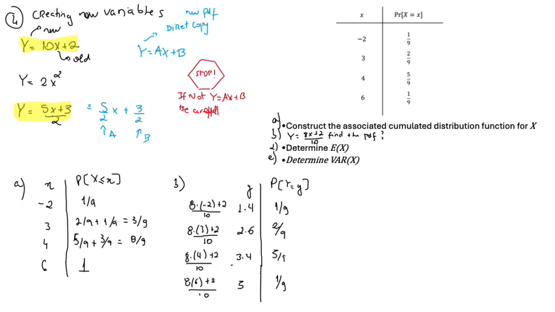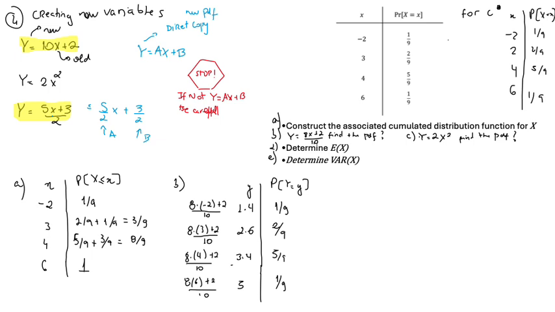I did this in the other section. I had to change the PDF a little bit. Let me organize this: this is item B, this is item C, then D and E. So for item C, we're going to pretend that I'm giving you a new PDF.